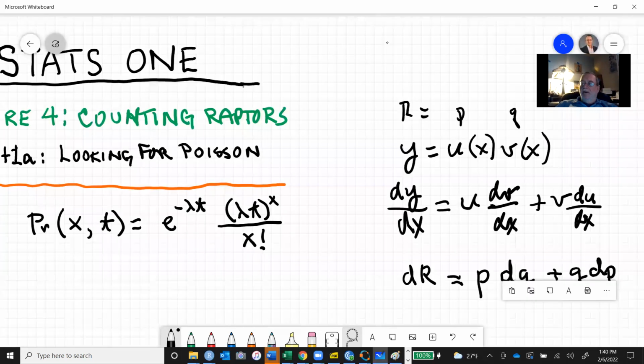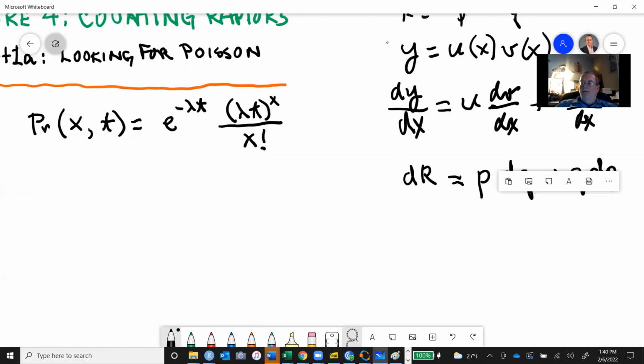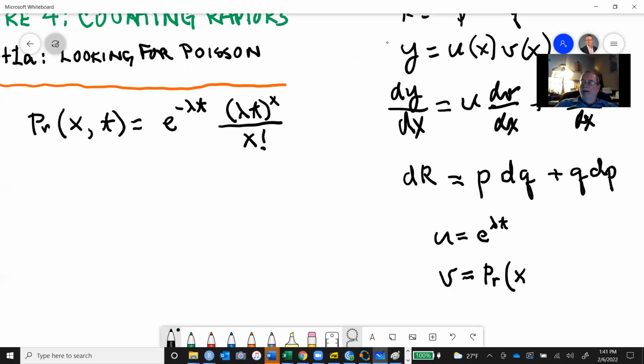We're going to use the product of two things. Just jumping right ahead, we're going to let u equal e to the lambda t, not minus lambda, and v equal to the probability of x at t.